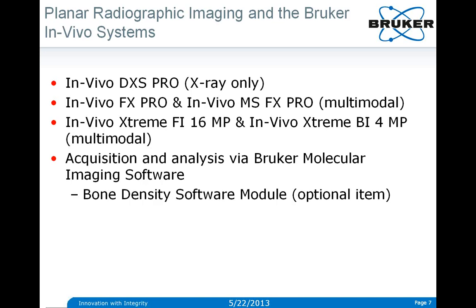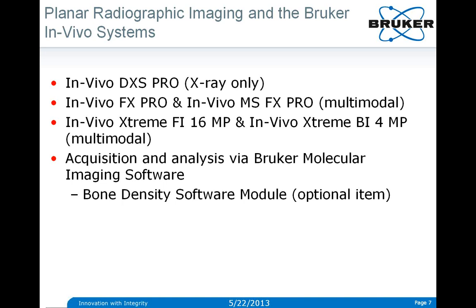The next few slides will look a little bit at the planar radiographic imaging capability of the Bruker In-Vivo systems. There are 5 Bruker In-Vivo systems that provide planar radiographic or X-ray imaging capability. These are the In-Vivo DXS PRO, which is a dedicated X-ray only imaging system.